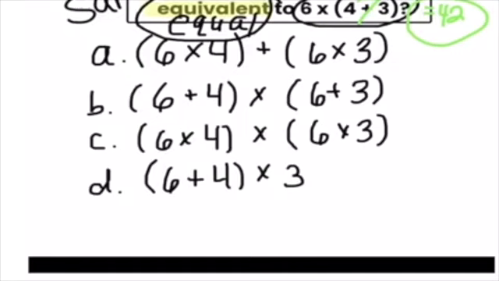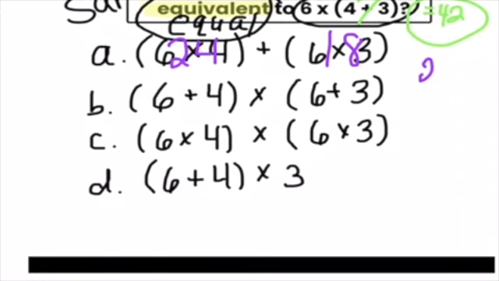Let's look at A and figure out what is in parentheses first. 6 times 4 plus 6 times 3. I need to figure out 6 times 4, which I know is 24. I could have used a strategy to figure that out, or you could just know it. It's fine either way. Then I'm going to solve 6 times 3, and that's 18.